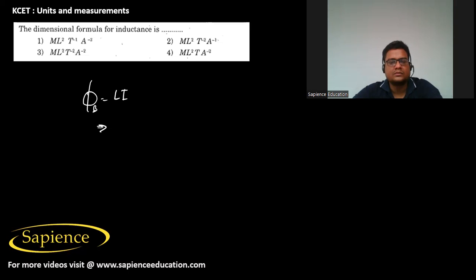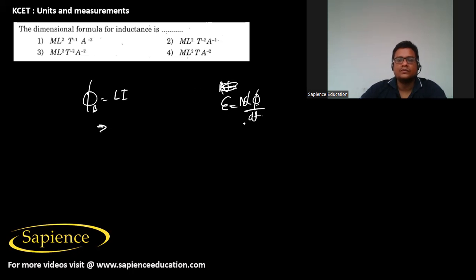So we know that according to Faraday's law, E equals N d phi B by dt, N into d phi by dt.